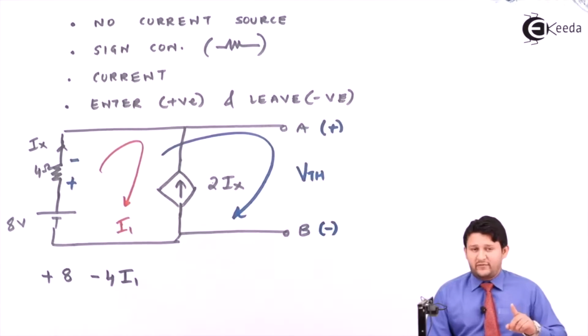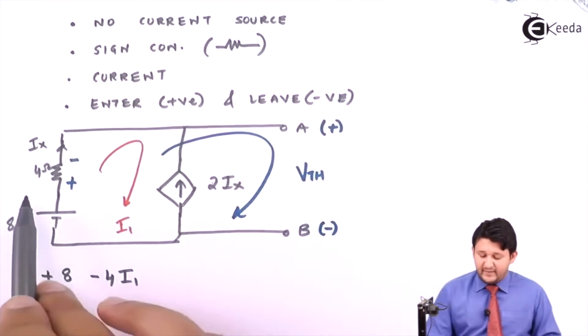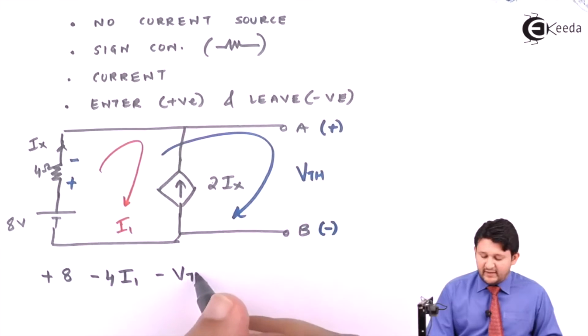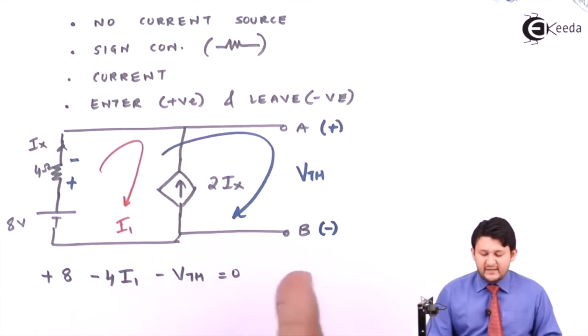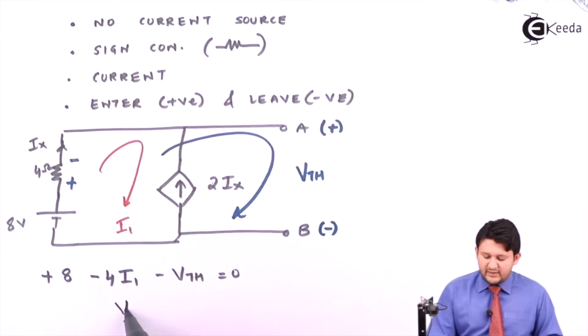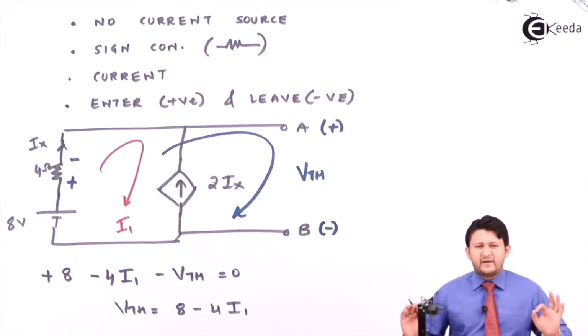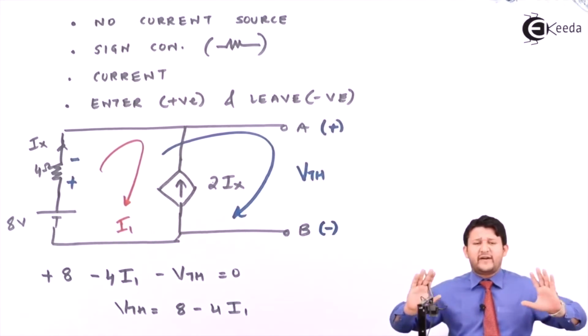I cannot write only 4, please keep that in mind. So clockwise, you enter into positive, you write 8 minus 4 I1 minus VTH equal to 0. I need to find VTH, so taking it to the positive side, VTH is equal to 8 minus 4 I1.